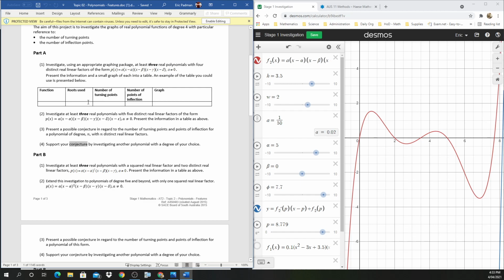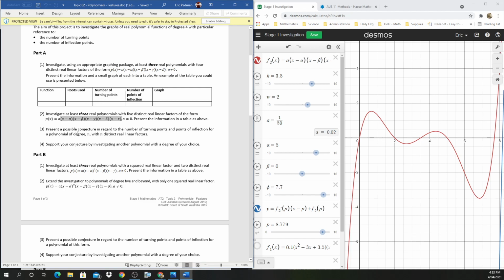So make a statement in terms of this function and what you see in terms of turning points and inflection. And you're also doing this in terms of polynomials of degree 4. So you do degree 4, you do degree 5. If you want to, you can do degree 6 and so on, following this format, so you have another bracket with a linear factor.